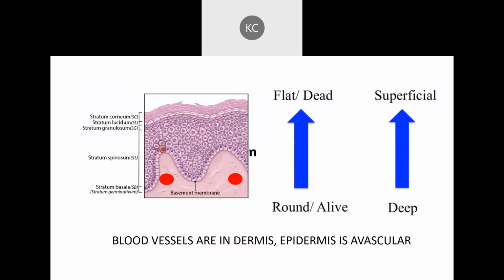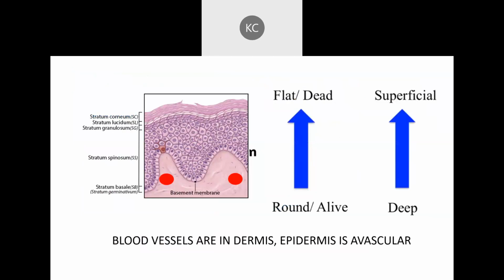All right. Okay. So this is an extremely important principle whenever we're looking at cells in the epidermis. Okay. So we start off round, kind of cuboidal in shape, and very much alive. Okay. So the underlying cells are alive. These are what you can think of as the stem cells, if you will, of our epidermis. This is where blood is nourishing them at the bottom from the dermis.